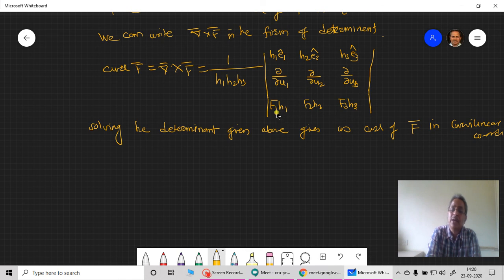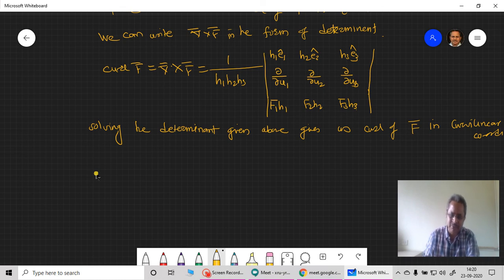And the third row is the components of the given vector whose curl we are supposed to determine, multiplied by their scale factors: f1 h1, f2 h2, and f3 h3. When this determinant is solved, we will exactly get this equation number 7, which is called the curl of a given vector function.